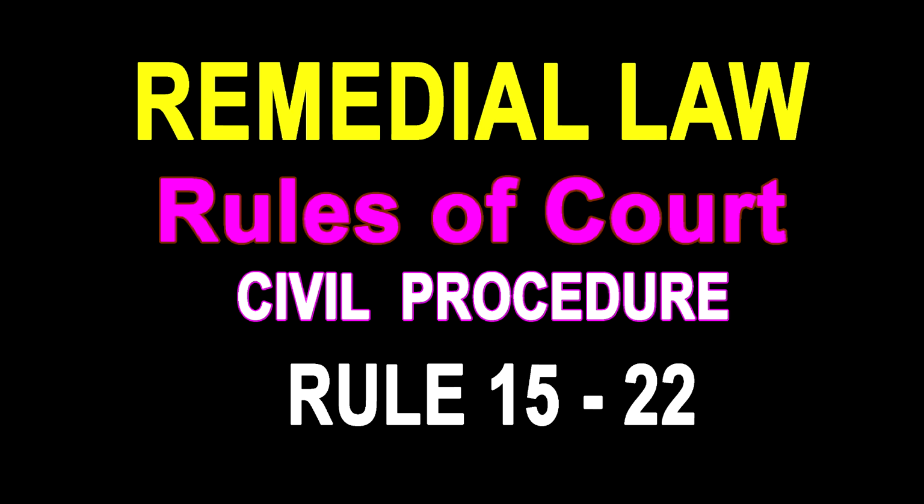Rule 18. Pre-trial. Section 1. When conducted. After the last responsive pleading has been served and filed, the branch clerk of court shall issue within 5 calendar days from filing a notice of pre-trial, which shall be set not later than 60 calendar days from the filing of the last responsive pleading.